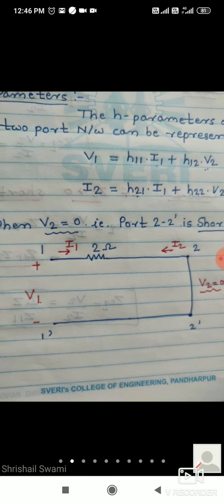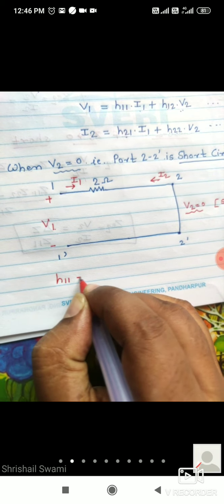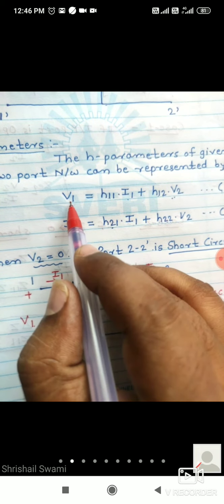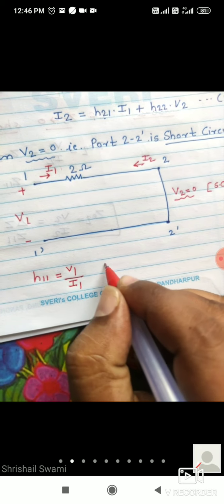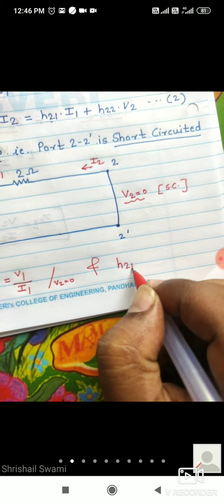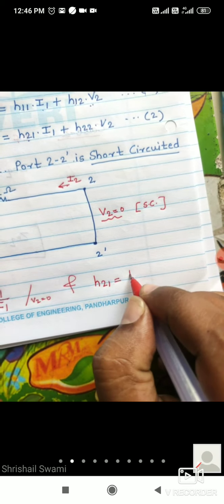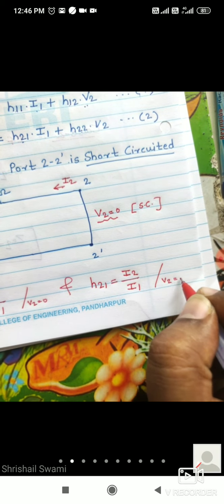V2 equal to 0. Now when V2 equal to 0, you put it in equations number 1 and 2, and you will get two parameters. H11 is equal to V1 upon I1 with the condition V2 equal to 0, and H21 is equal to I2 upon I1, with the condition V2 equal to 0.